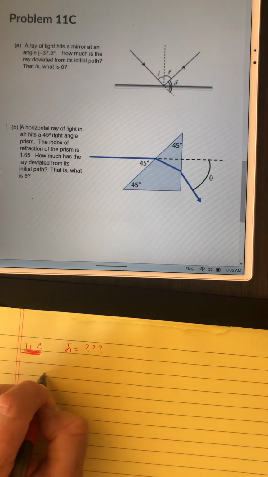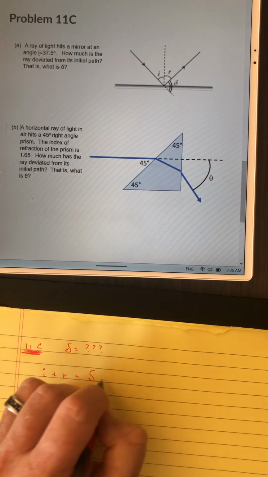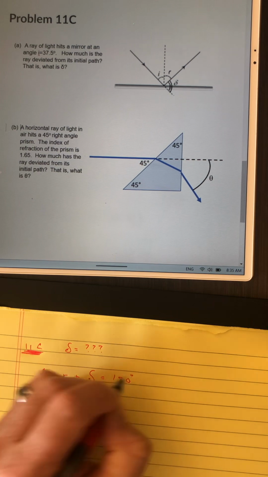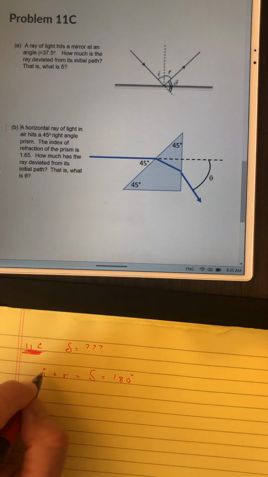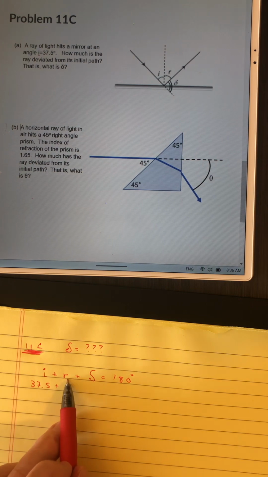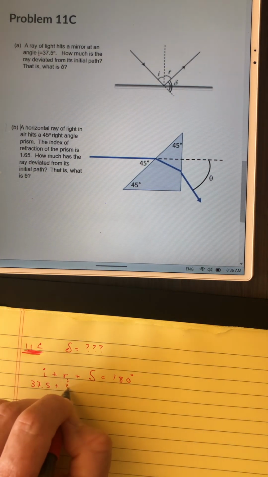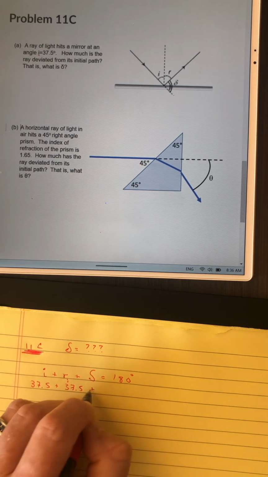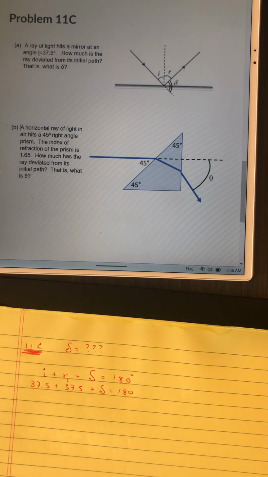Hopefully what you see right away is the angle I plus the angle R plus the deviation angle makes a full 180 degrees. Because we are told that this incident angle is 37.5. And hopefully also you know the law of reflection says that you get the same angle in reflection as you get incident.